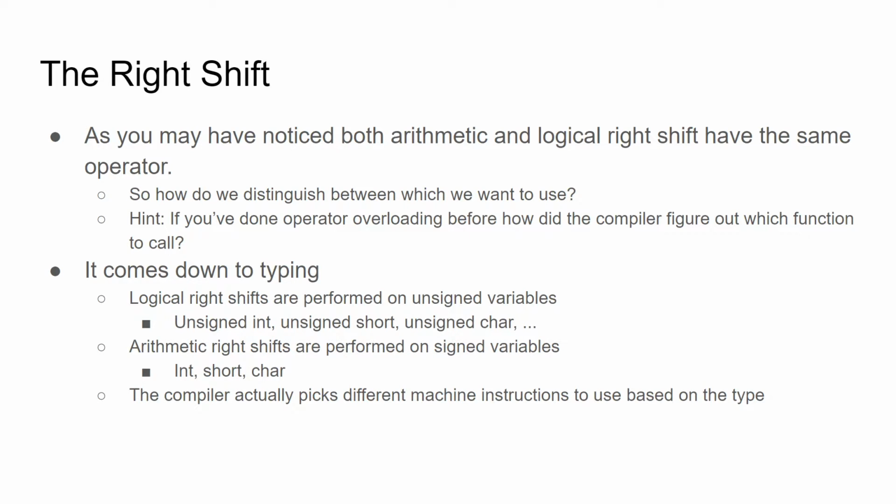Does that make sense? So the type of shifting that you do is going to be based on the type of the variable. If you right shift an int, you'll do an arithmetic right shift. If you right shift an unsigned int, you'll do a logical right shift. So be careful that you do the one that you intend to be doing.